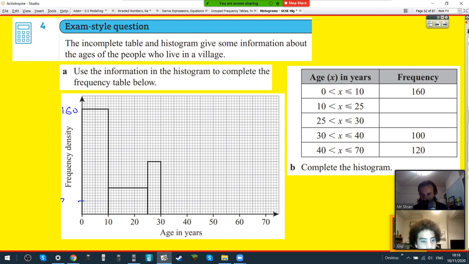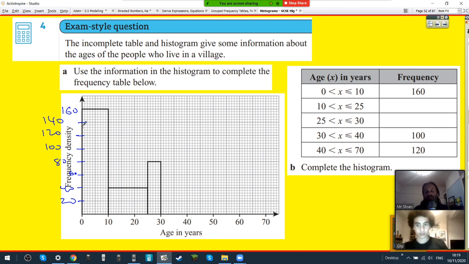Well done. Okay, go on. So frequency density for the second one is 40, so we'll do 40 divided by 15, which is 2.6.